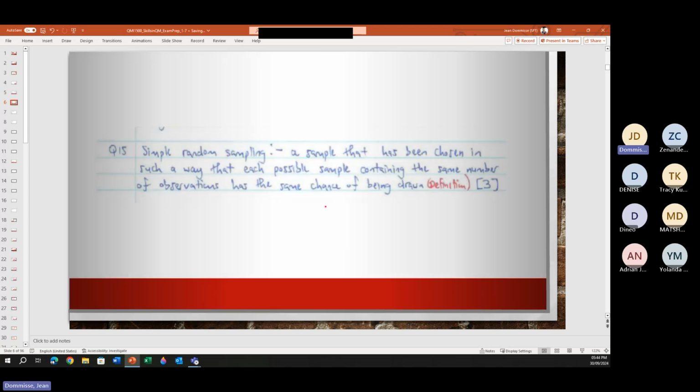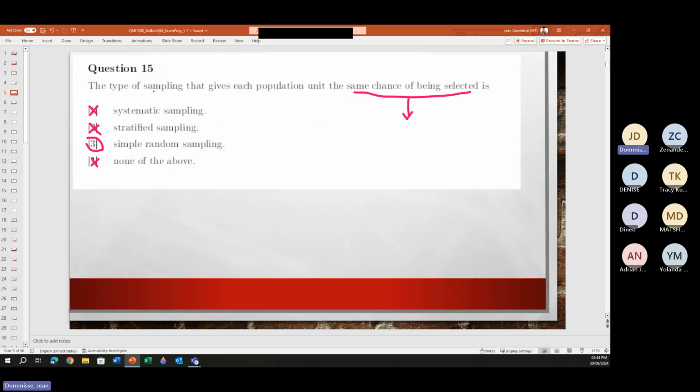I also included a definition of that. They can't ask you to remember the definition of simple random sampling or stratified, because you're writing multiple choice, but they can give you how it will be done, and then you select one of the options.